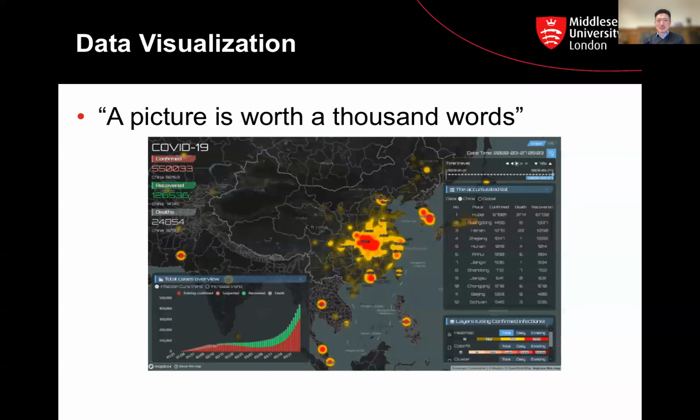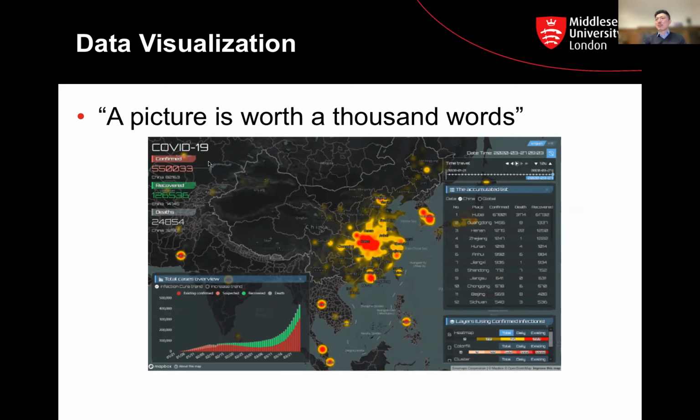I'm going to start with what visualization is. Visualization is presenting information visually, and sometimes people say a picture is worth 1,000 words. Here, for example, we have a visualization showing COVID situations in China.